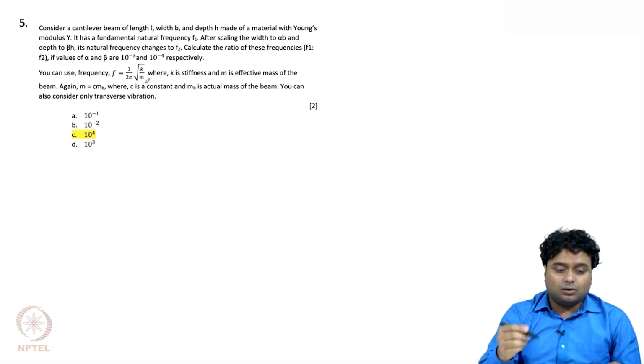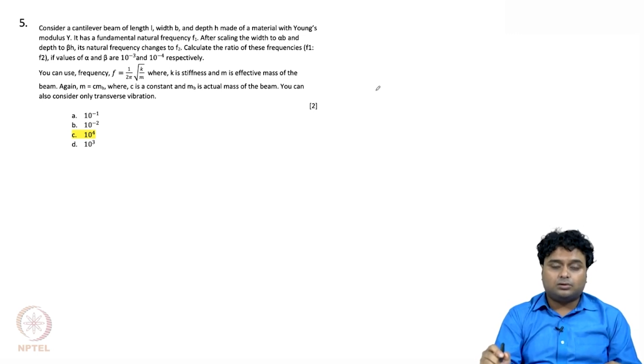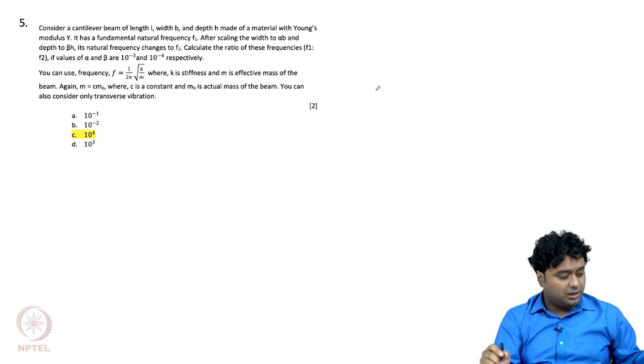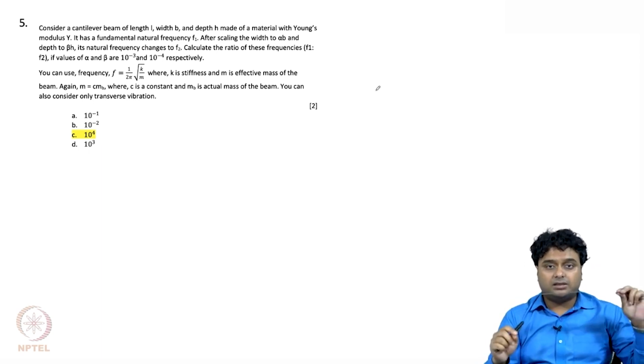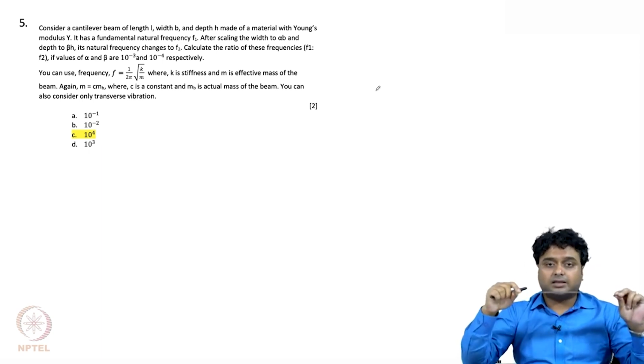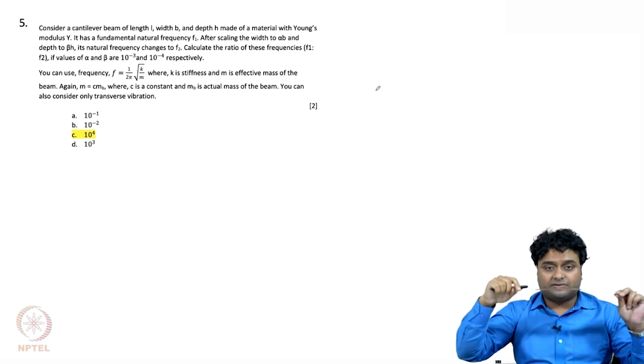But in that case we have already mentioned that the actual mass or the body mass and the effective mass are related just by a constant, so it does not matter. So we have mentioned that we will consider only transverse vibration. Transverse vibration means that the cantilever is like this, one side is fixed and on the other side I am just applying a transverse force, right.